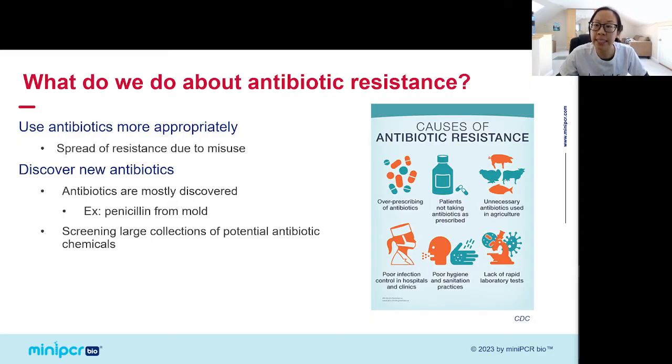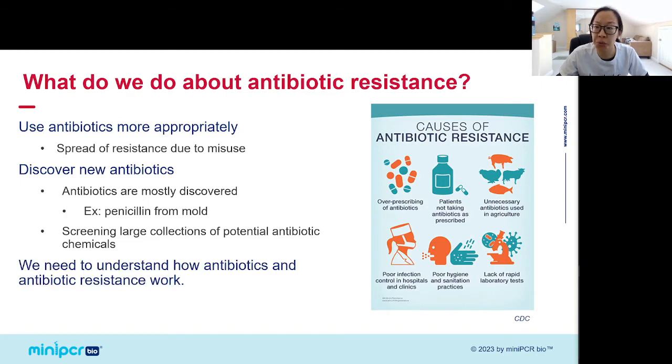These days, scientists have the ability to screen really large collections of potential antibiotics to try to find new ones. And in order to do that effectively, we need to understand how both antibiotics and antibiotic resistance work, which scientists refer to as the mechanism of action.